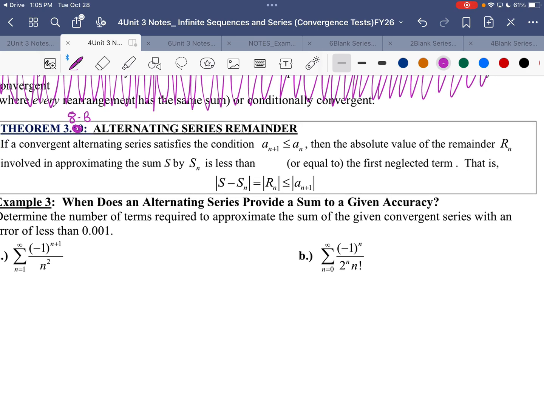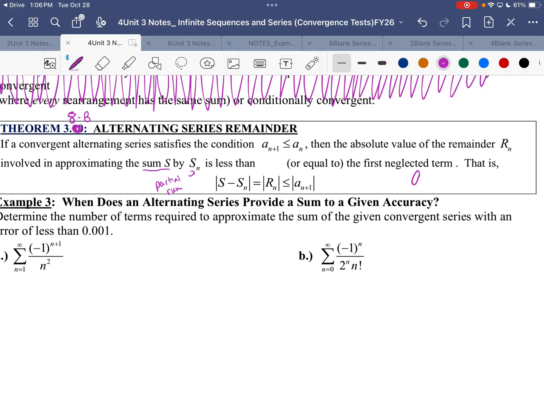If you have a convergent alternating series that's decreasing, then the absolute value of the remainder involved in approximating the sum, which is the infinite sum, by a partial sum, which is adding up the first n terms in the series, is less than or equal to the first neglected term.